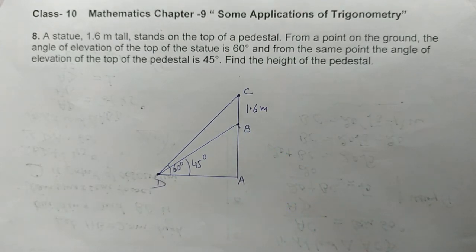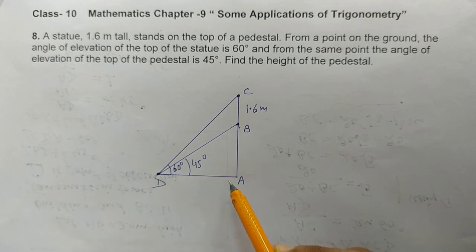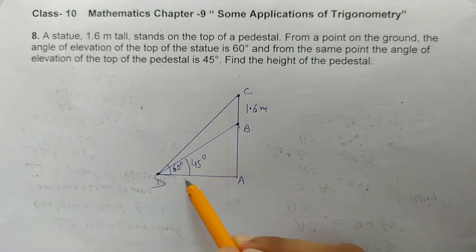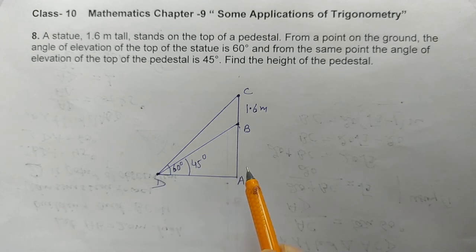So what we do in this question, we have two right angle triangles, right angle triangle ABD and right angle triangle ACD, right? In both the right angle triangles, if you see, the AD side is common. So by T ratios, we will find out AD in both the right angle triangles and then we will equate these two equations.